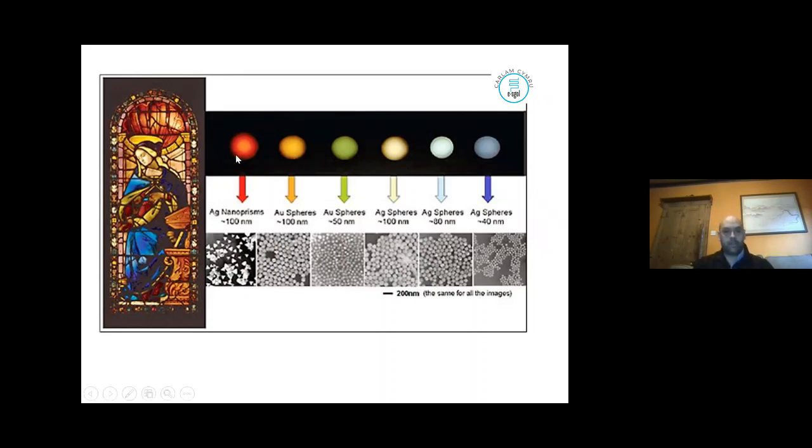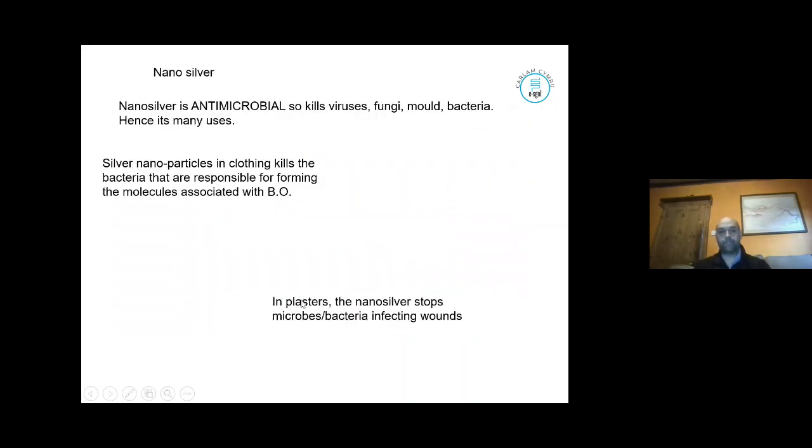When it's 100 nanometers, it's got more of an orangey color. Silver here has lots of different colors. And in fact, nanoparticles are used in making stained glass. They didn't know they were using nanoparticles, obviously, when they were doing this, but these are the colors we get in stained glass. It comes from nanoparticles of gold and silver and other metals, I imagine.